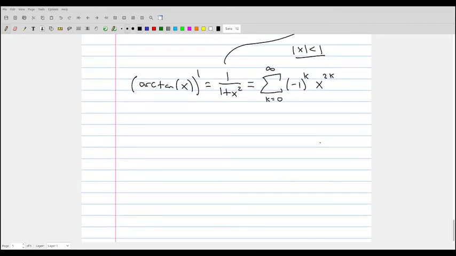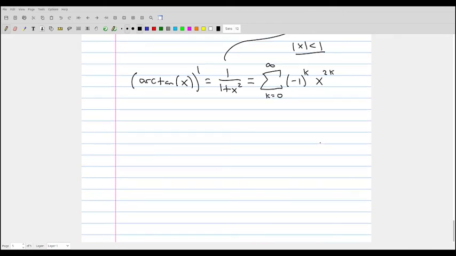And the last step in this process is that we're looking for the Taylor series of arctangent of x. So this series is for the function 1 over 1 plus x squared, the derivative of arctangent of x.